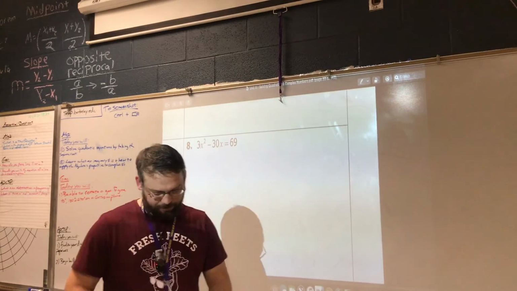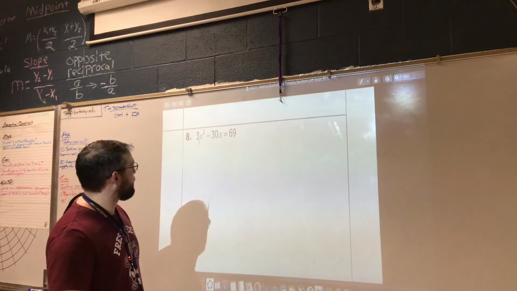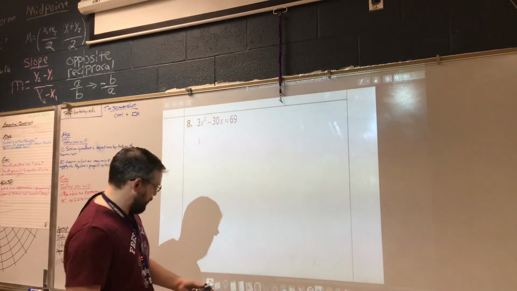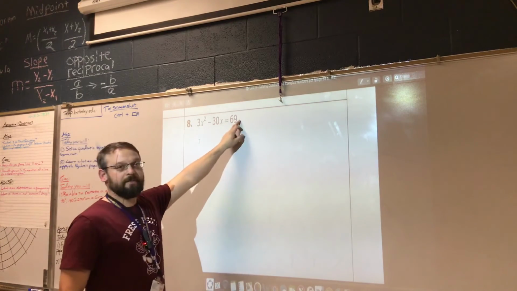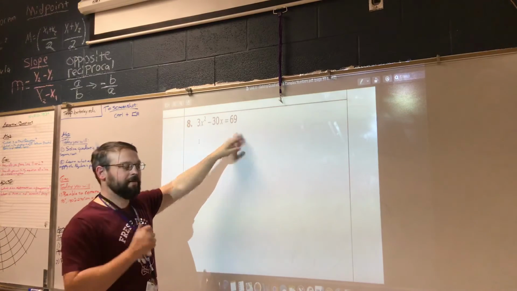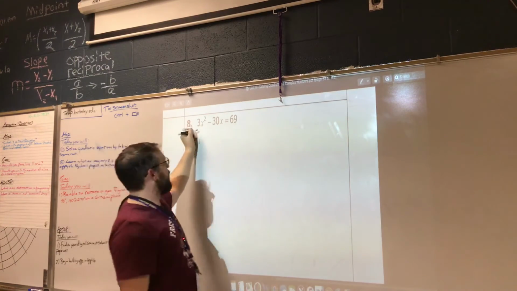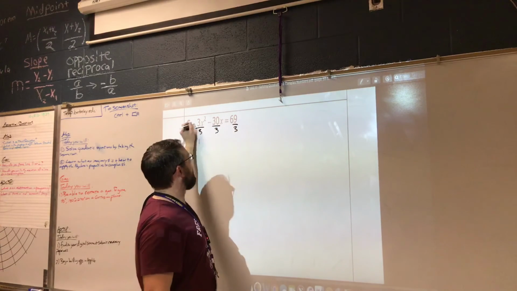So this one can serve a few purposes for me here. There we go. So we have the benefit here that they've already moved the C value over for us. So thank you, whoever. The A value being 3, I'm going to go through and divide each part by 3.